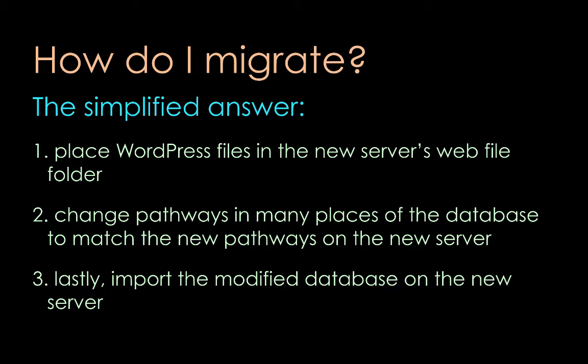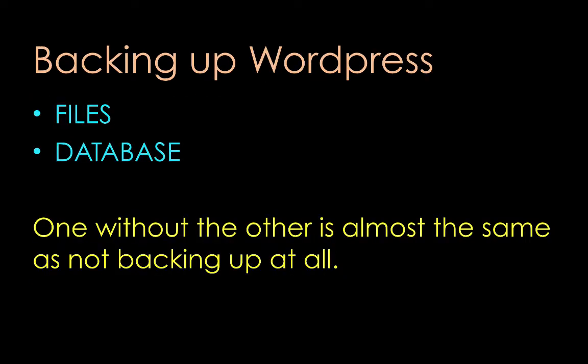And then lastly, I will import the modified database onto the new server. I'm going to show you later in a totally separate tutorial how you can do that. Don't worry about that just yet. You've got enough going on, but you don't have to deal with that yet.